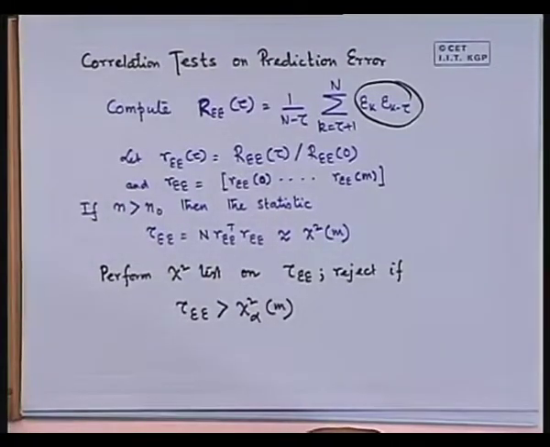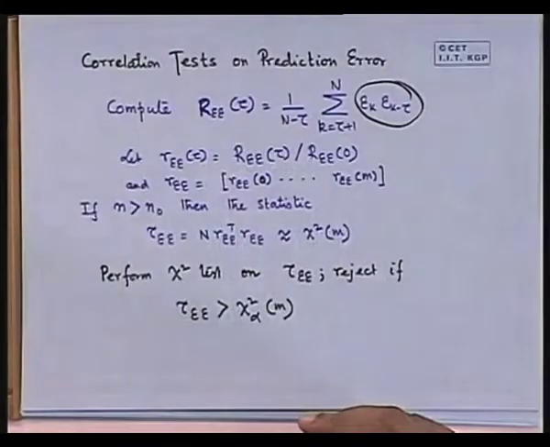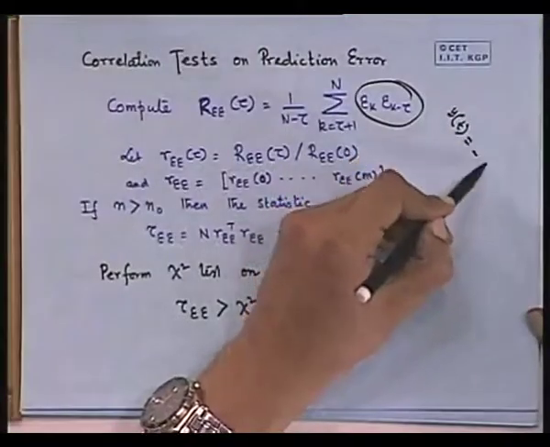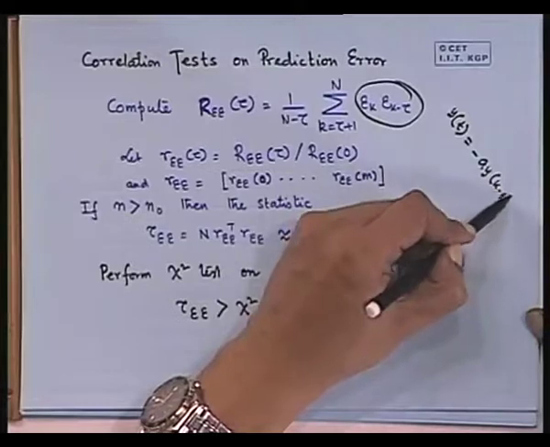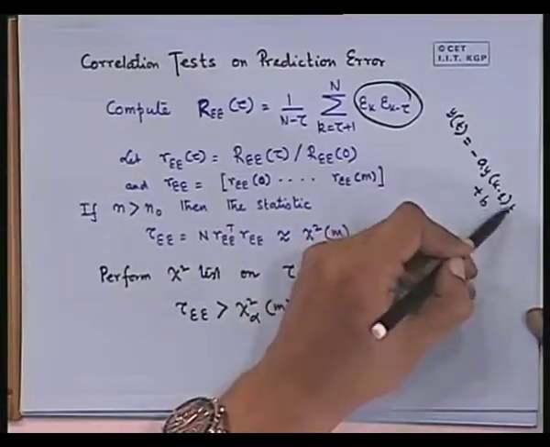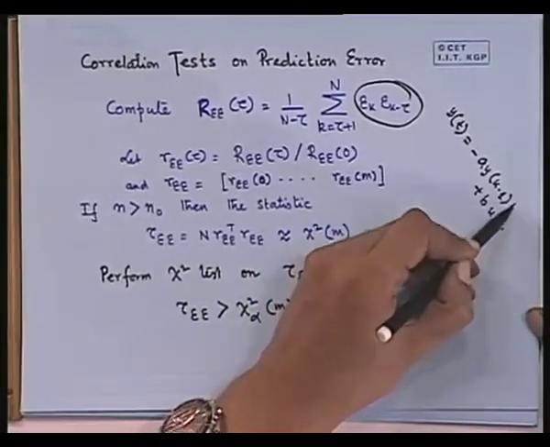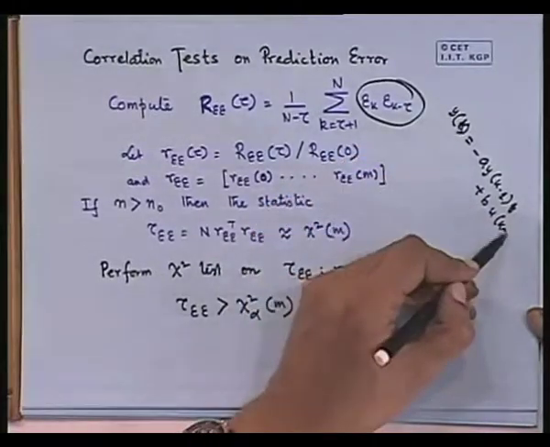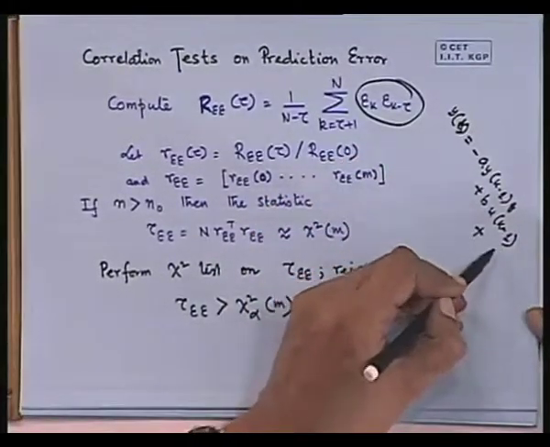Remember that if your measurement process includes a DC term, will this happen? It will never happen. So if your measurement process includes a DC term, what will you do? In your model you should contain a DC term. Then you should write that y(k) is equal to minus a y(k-1) plus b u(k-1) plus some c.